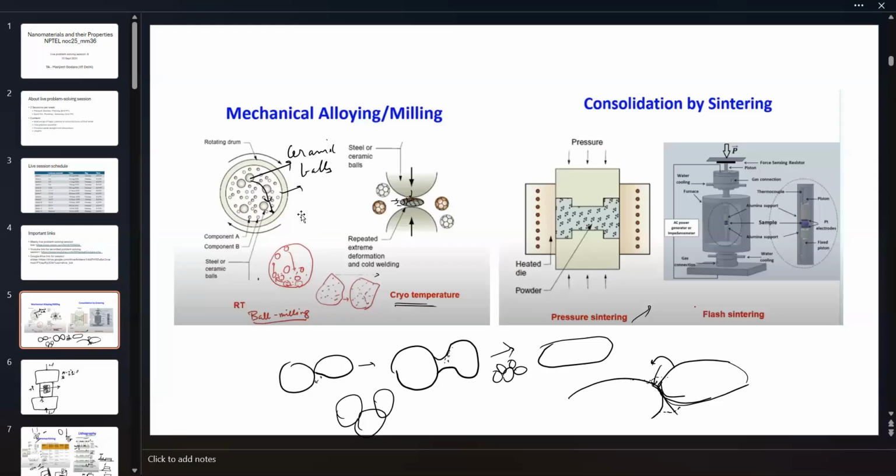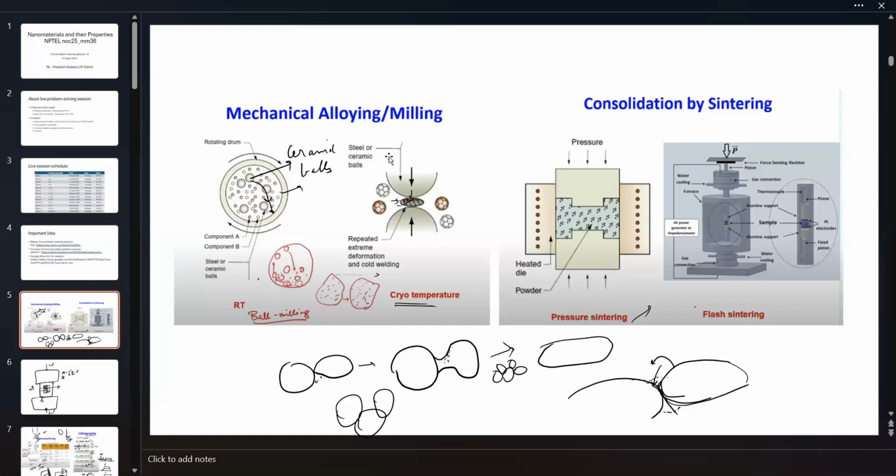There are high energy ball mills where they use planetary ball mills. I discussed them in the last class. If you see at the intersection of these, where the collision happens, there's extreme deformation in the particle and cold welding happens.